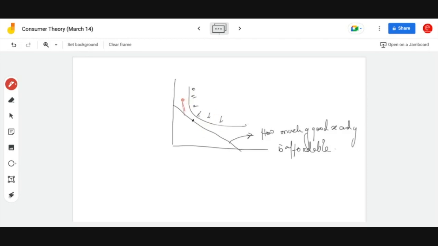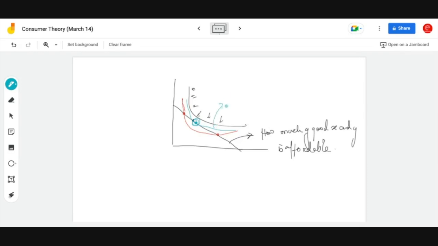Now, what happens if our budget line is something like this? This means we can consume at this point also, and at this point also, because this budget line is crossing the indifference curve. Now, if we draw an indifference curve like this, it is also on this budget line, therefore we can afford this point also.